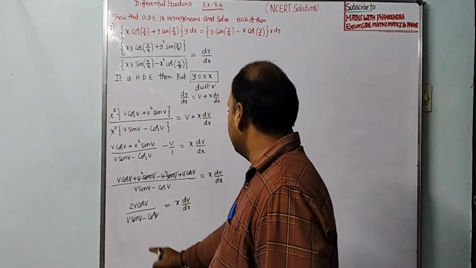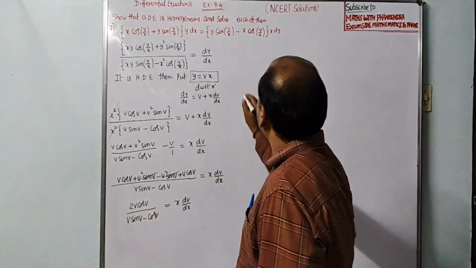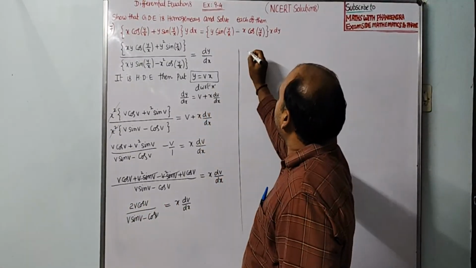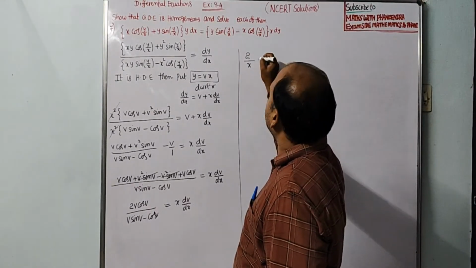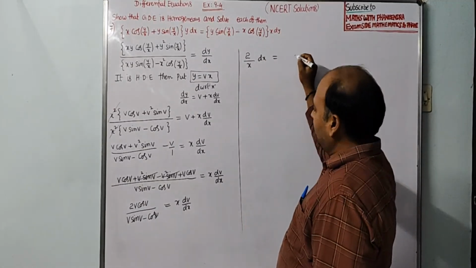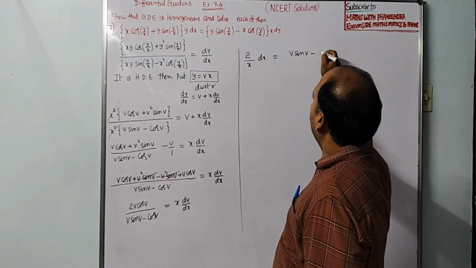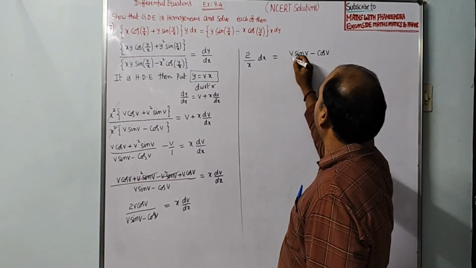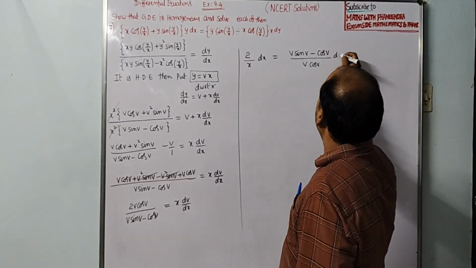Now what I am doing is, 2 I am keeping here only, x bring this side and dx bring this side. So it will be 2 times 1 by x into dx is equal to v sin v minus cos v divided by v cos v into dv.